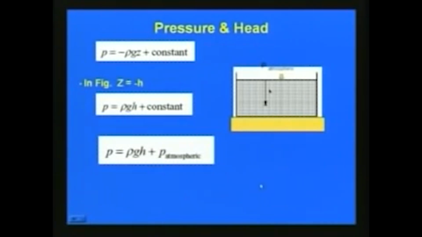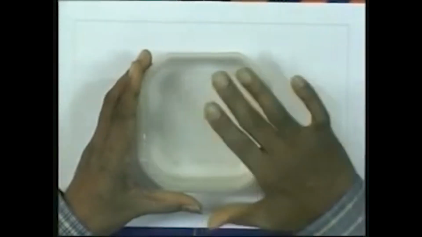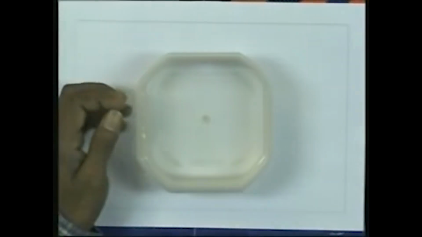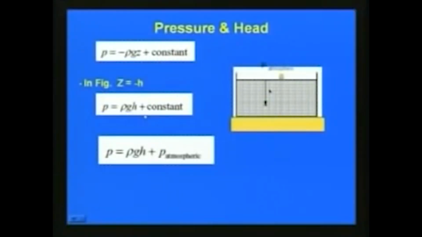Now we will briefly discuss the relation between pressure and head. For that purpose, let us consider a small basin of fluid, here water, as shown. This fluid is in static condition, and the pressure on the surface is atmospheric pressure. As shown in this figure, we can write P is equal to rho g h plus a constant, that means any pressure other than atmospheric.